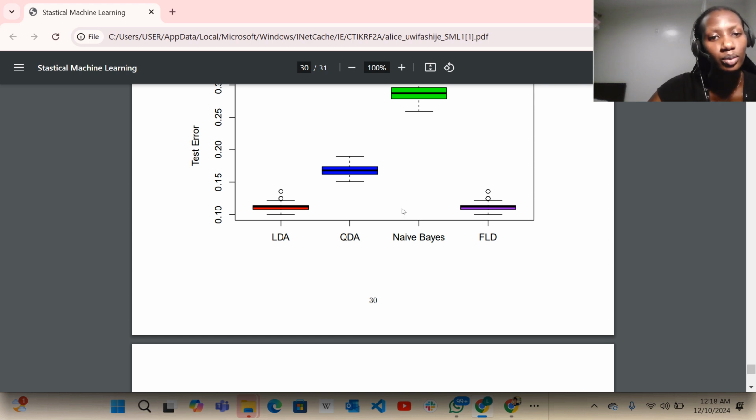It shows that LDA and FLD have similarity, while naive Bayes has the highest test error.